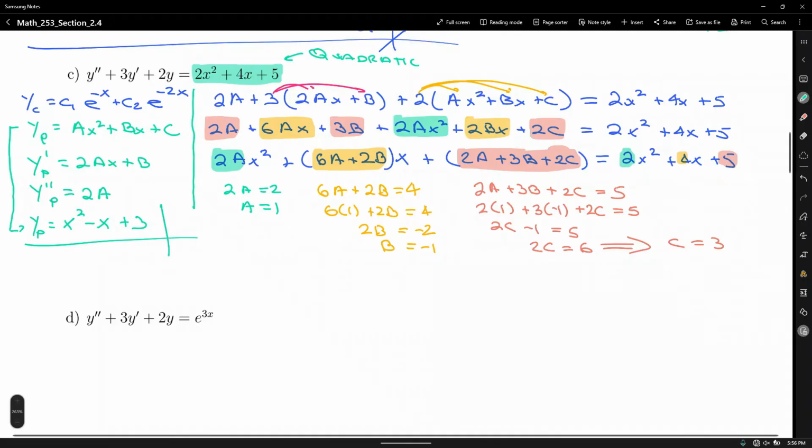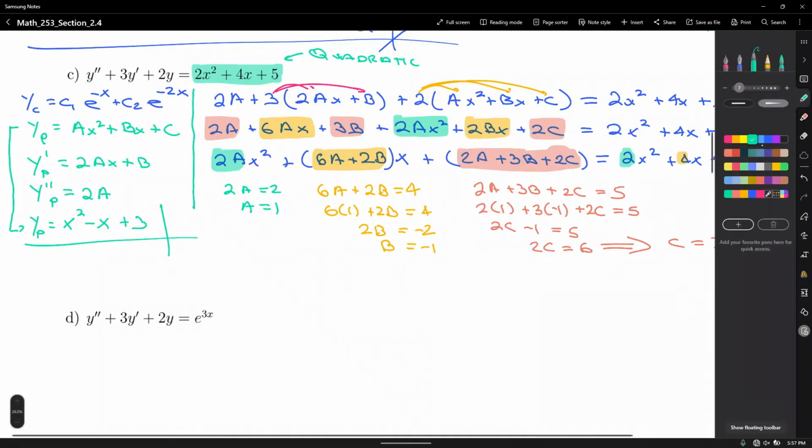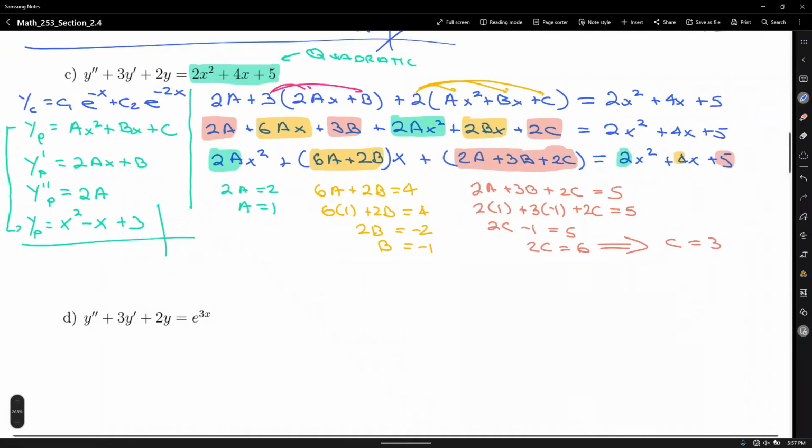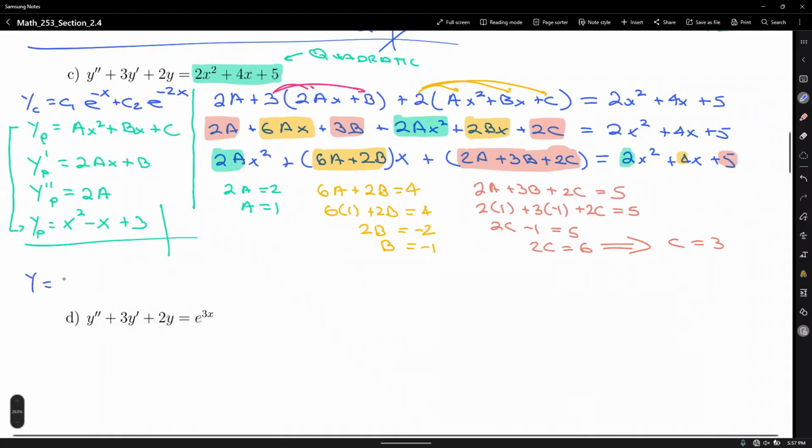And at this point, we're ready to write the general solution to the differential equation, which is given by two parts. Number one, y sub c, which is the solution we get with C1 and C2 for the homogeneous equation, plus y sub p, which is what we just found.